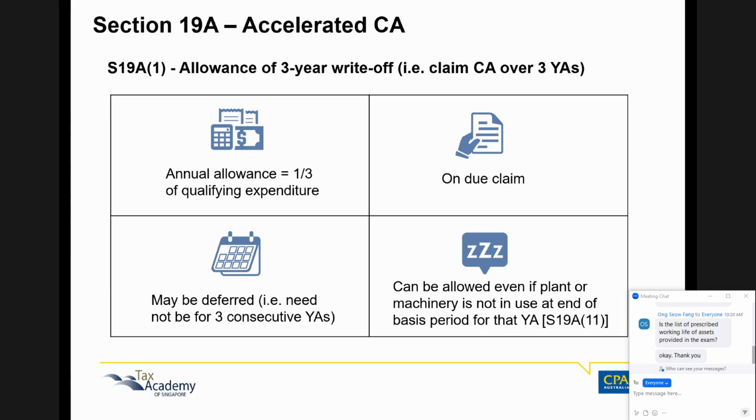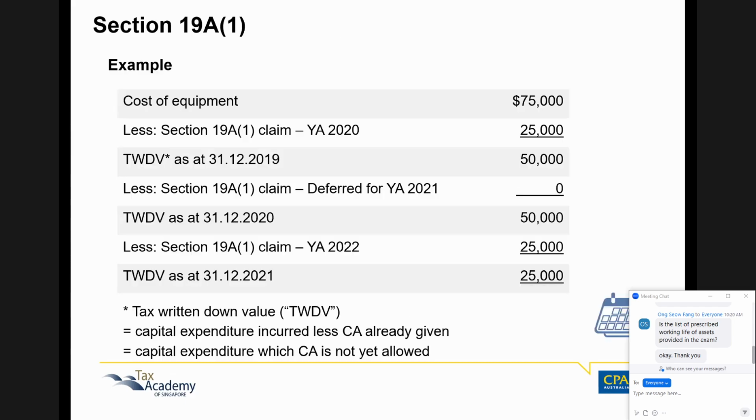You can claim in year 1, stop, no claim in year 2 and year 3, then claim in year 4, for example. But it will be over 3 YAs, so you need to divide by 3. It can be allowed even if the plant or machinery is not in use at the end of the basis period. So this is the 3-year claim.